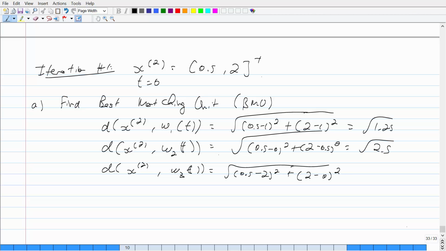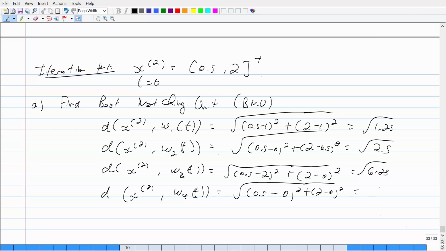In this case, we have just 6.25, square root. And then finally, we need to calculate the distance to the last neuron. So this is 0.5 minus, and then what was it? It was 0 and 0.